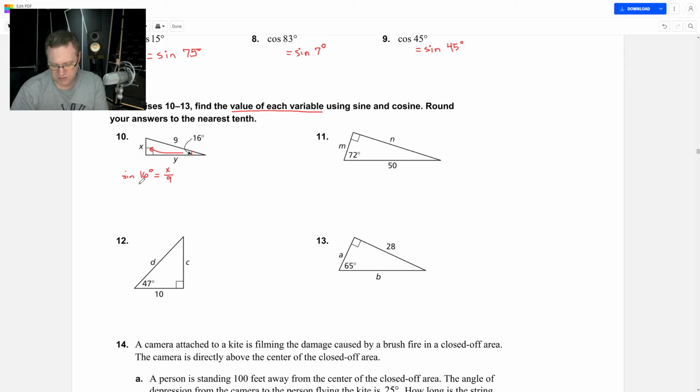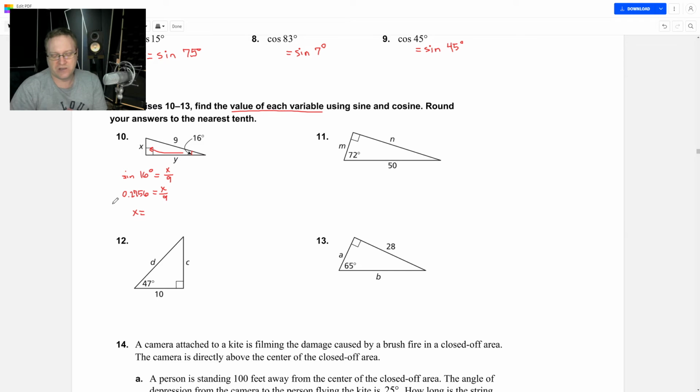So I'm just going to hit sine of 16 degrees, and I get 0.2756. And that is going to equal x over 9, which means that x is going to equal 9 times this.